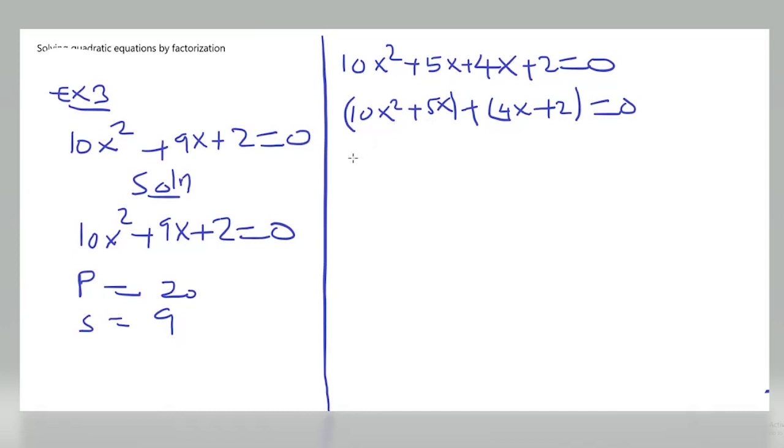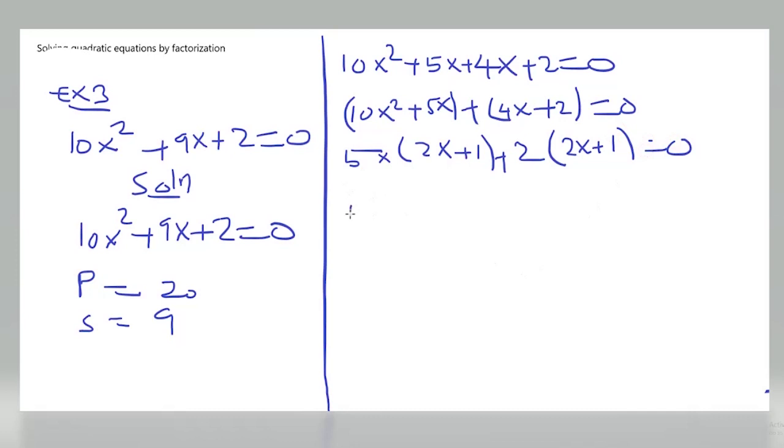Then take 5x outside the bracket, then 5x, inside the remaining is 2x plus 1. Plus, here I'll take 2 outside the bracket, then 2, then inside the remaining is 2x plus 1, which is equal to 0.